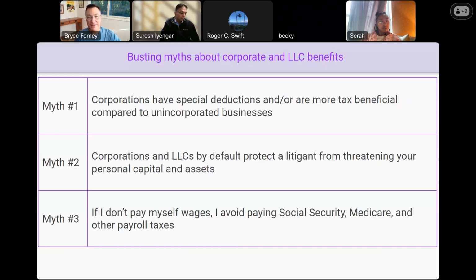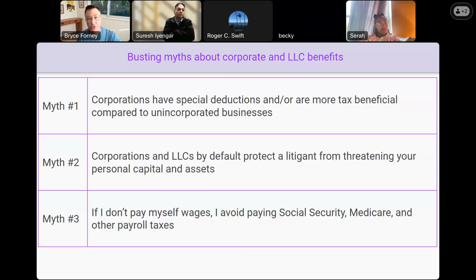The third myth is if I'm an S corporation and I don't pay myself wages, then I avoid paying Social Security, Medicare, and payroll taxes. While it is within the discretion of the owner how much wages that owner pays themselves, let's say in an extreme example, we've got that $150,000 net income, and the owner decides to pay no wages.